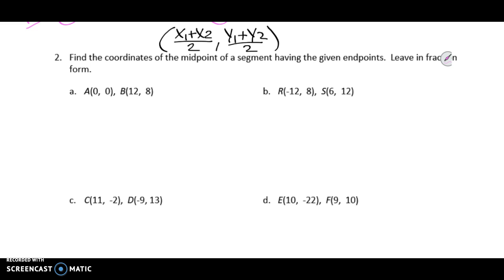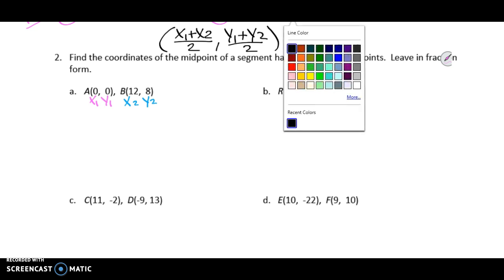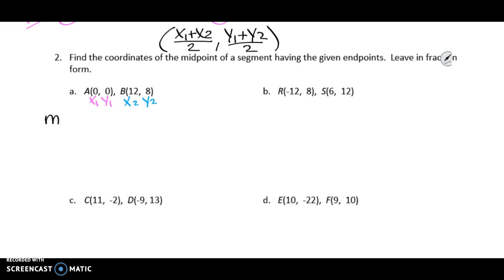So similar to before with our distance formula, we should label. And then we can actually plug in. So the midpoint would be, I need x1 plus x2, right?